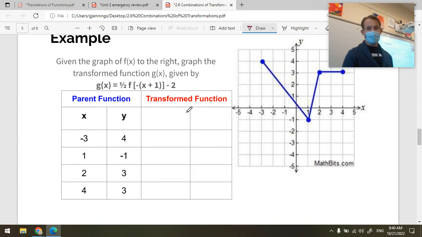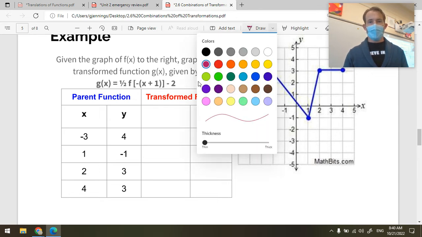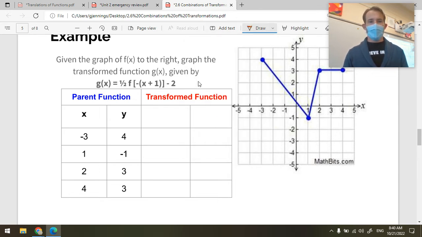So we have a nice table of values there for our parent function, which highlights these different points. And we're just going to transform them all based on all of these wacky transformations. So let's verbalize these first. I first notice, and I'll do my multiplicative ones in orange, that I have a transformation here where I'm multiplying the output of the function.